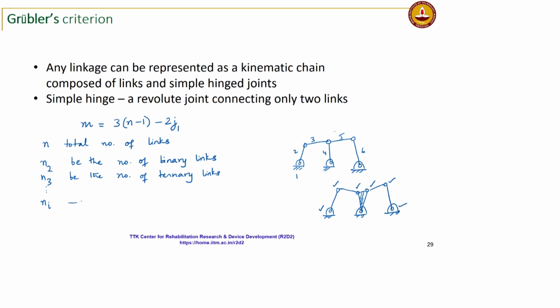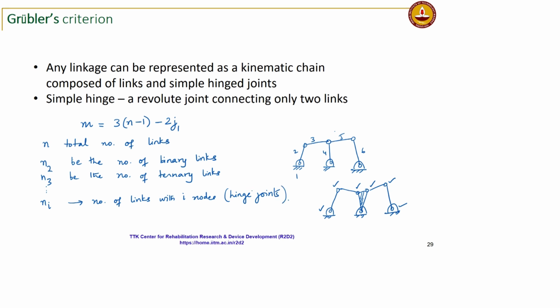So, ni is the number of links with i nodes. Each of those links has i nodes. And I am considering that all these nodes have simple hinge joints.